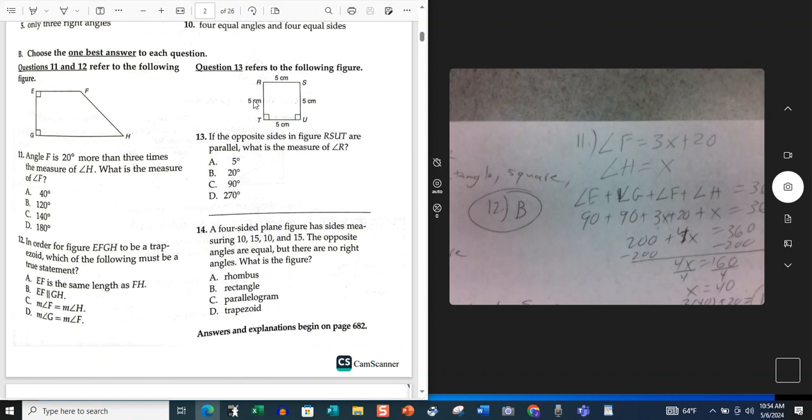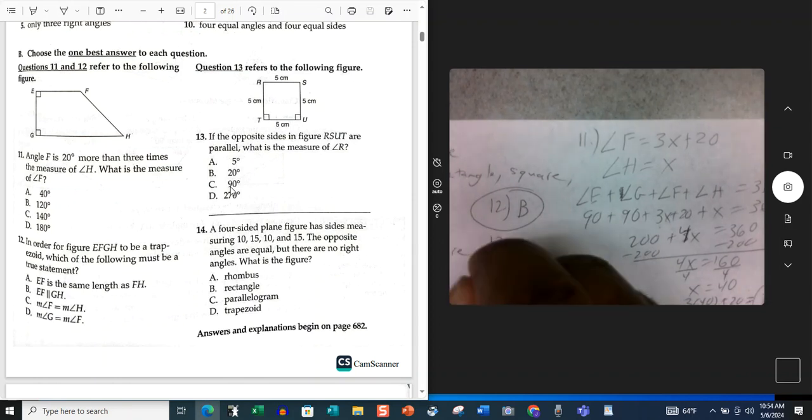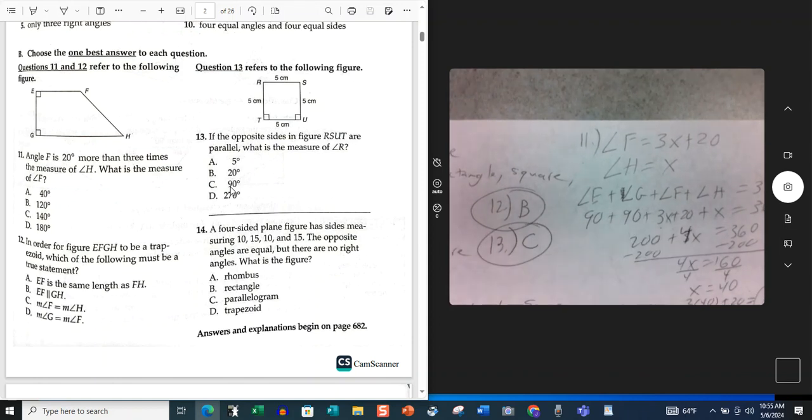Now if you look here, don't you notice that all these sides are equal? These are all 5 centimeters. These are parallel lines. So that means these opposite angles must be equal as well. So angle R has to be 90 degrees, which is 13. So 13, which would be C. That'll be our 90 degrees.